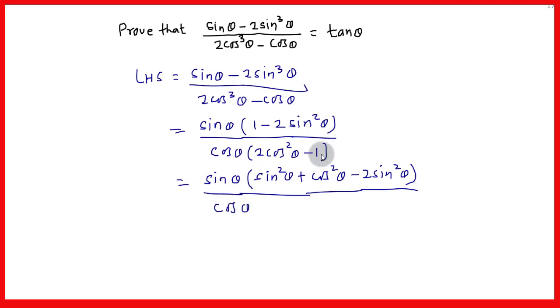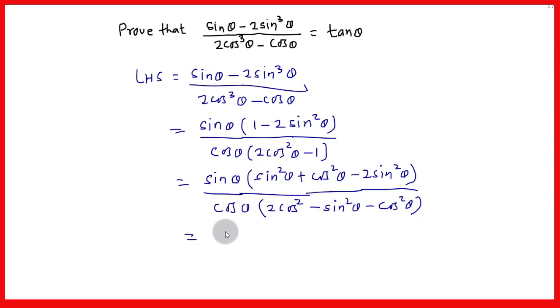This 1 also can be written as sin square theta plus cos square theta. So it will be into bracket 2 cos square theta. Here since it is minus 1, the signs of sin square theta plus cos square theta will change. So it will be minus sin square theta minus cos square theta.